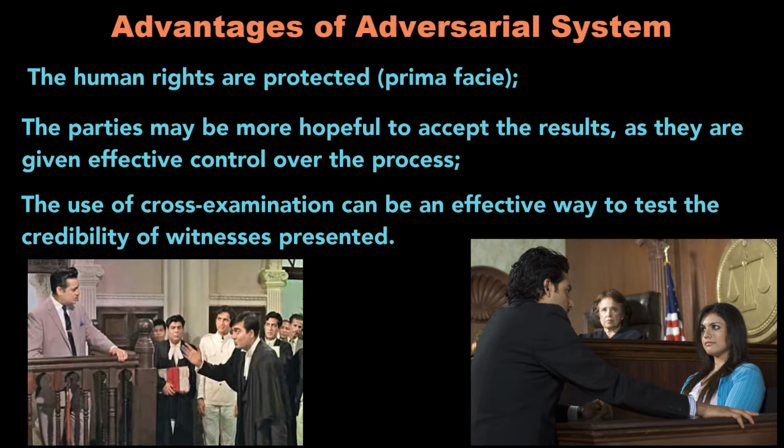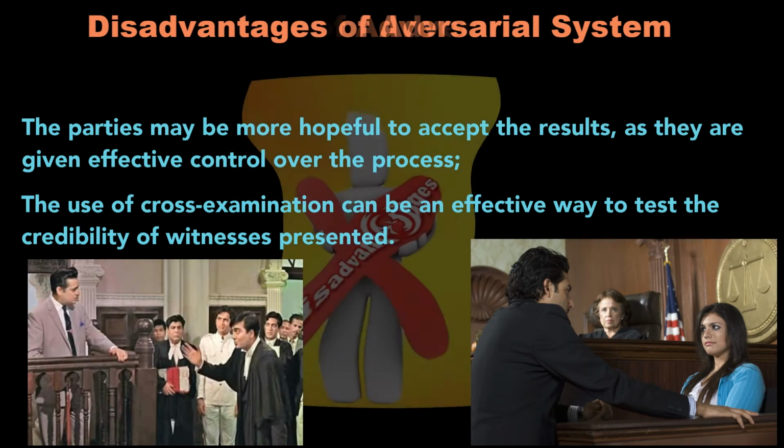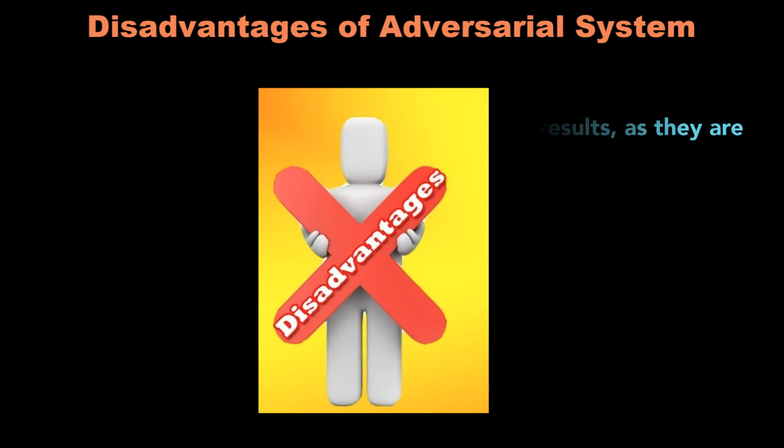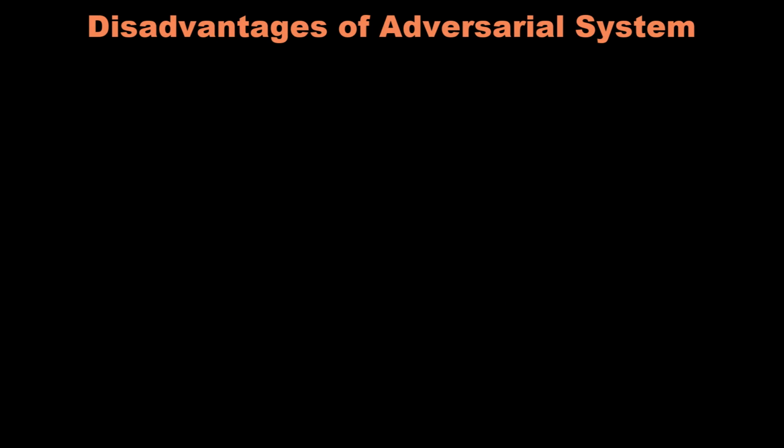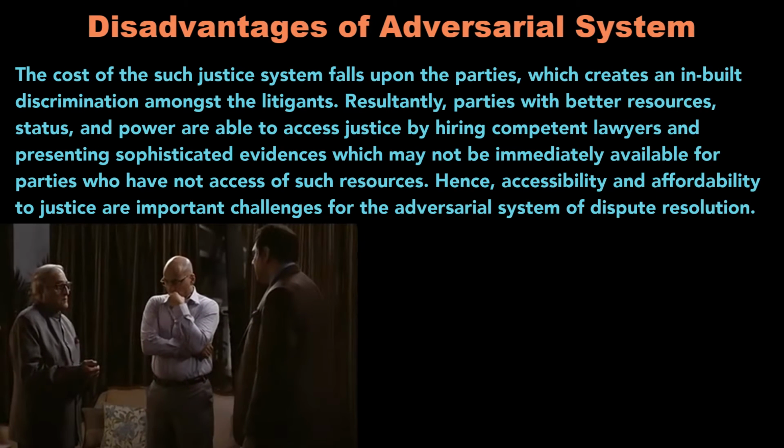Now, since we have discussed the advantages, let's discuss something about the disadvantages. The major disadvantages of the adversarial system are: the cost of such a justice system falls upon the parties, which creates an inbuilt discrimination amongst the litigants.